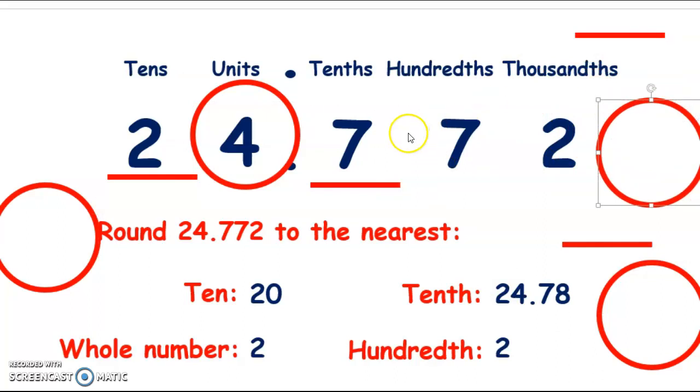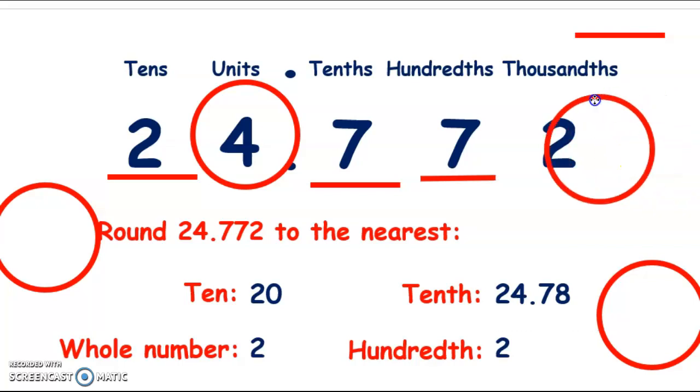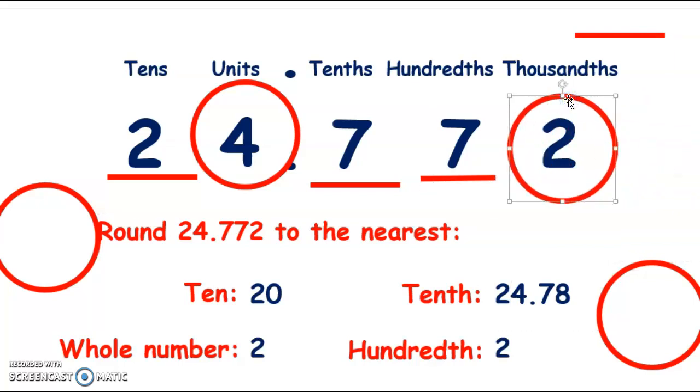Let's look at the next number again, the hundreds. When I want to round off 24.77 to the nearest hundredths, I'll underline the next 7. Then I check this number here. Is 2 less or more? 2 is less.